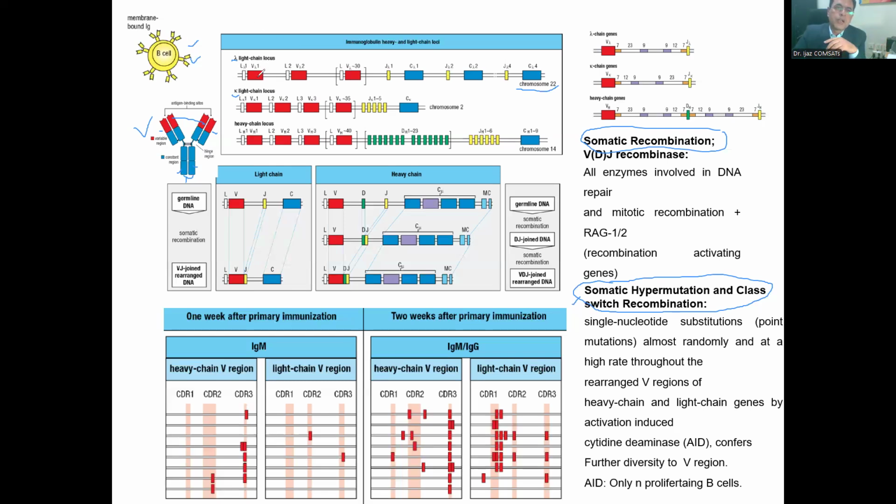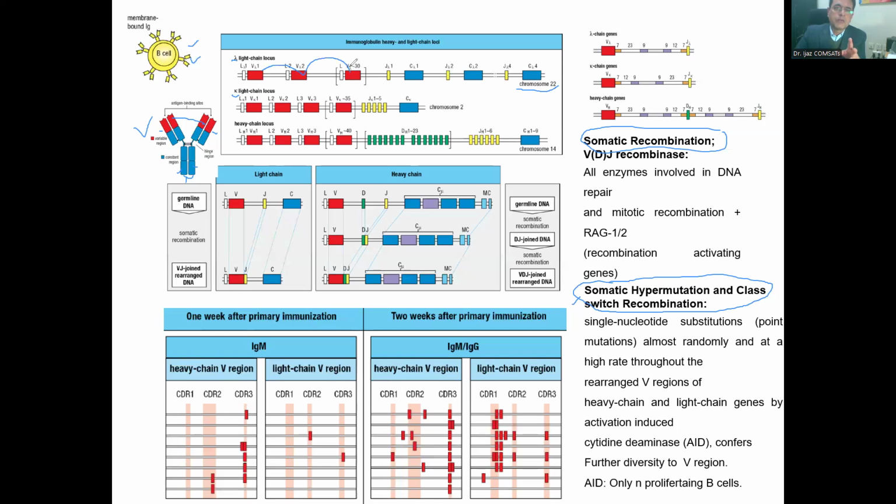For instance, these red boxes that you see here actually are different segments of the variable region of this particular antibody. So V lambda 1 means this is the first segment of the variable region of this lambda light chain locus. This segment is to be joined with this particular segment, and so on.